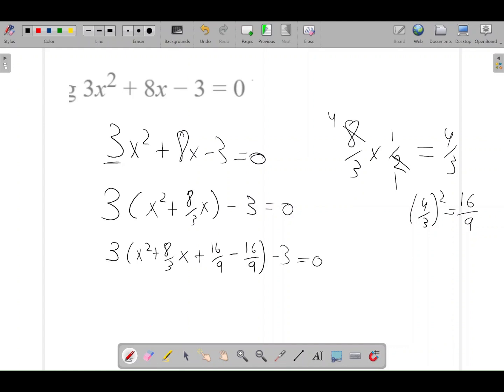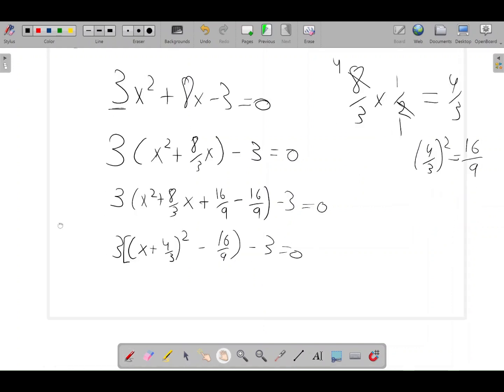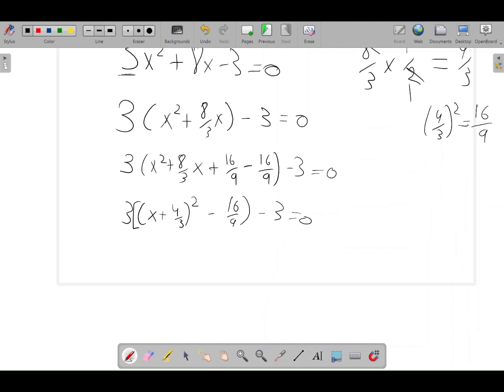Now you factor with the first three terms. So 3 times (x + 4/3) squared minus 16/9 minus 3 equals 0. Remember, I just factored out the first three terms. I rearranged it into a perfect trinomial, right? Just for you to check, you can expand it.